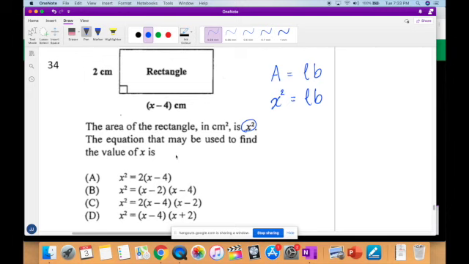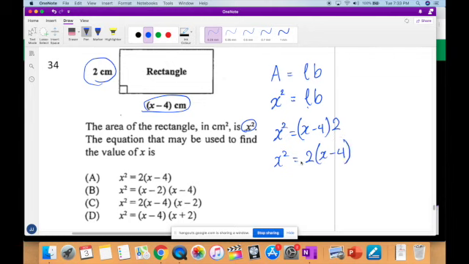The equation that may be used to find the value of x is, well, length by breadth. So x squared is equal to the length, which is x minus 4, times the breadth, which is 2. So therefore, x squared is equal to 2x minus 4. That is A.